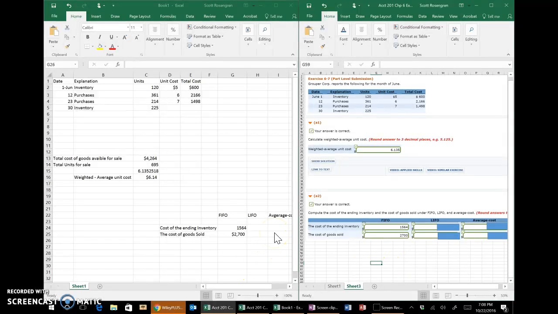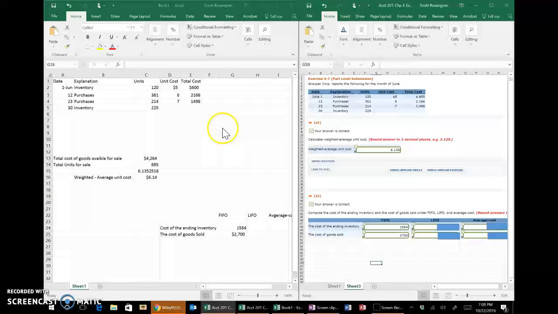LIFO is last in, first out. And the ending inventory will be comprised of the oldest units. So this time we're going to take the units from the top here, the ones that we've had the longest.